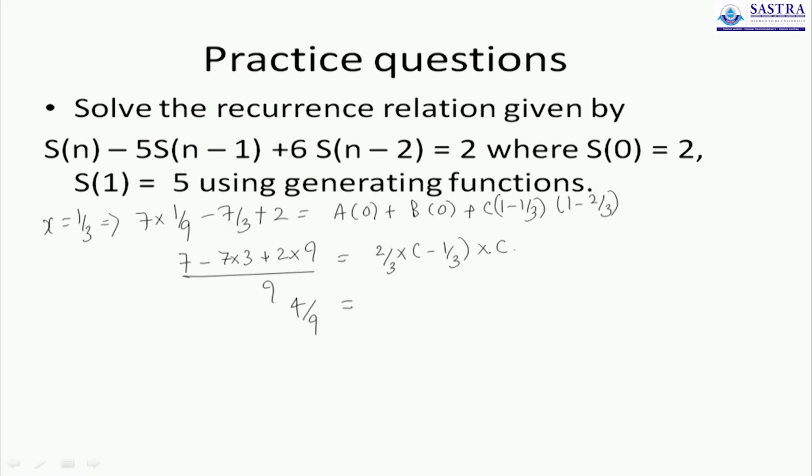So that's 2 by 9 into C, or C gives us the answer as 2.